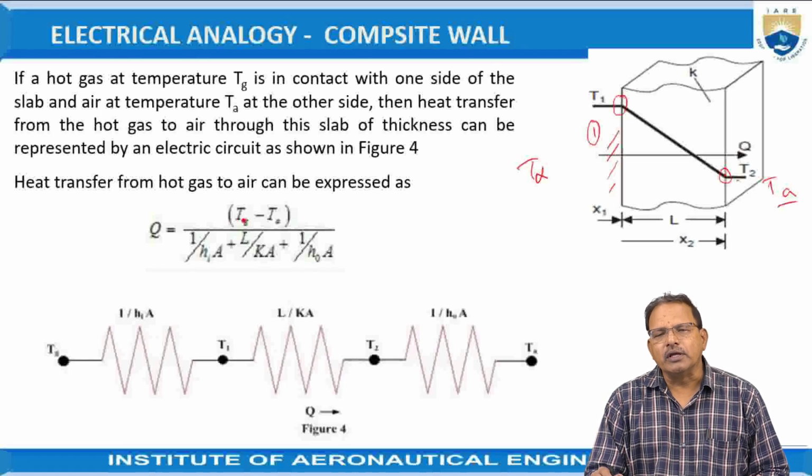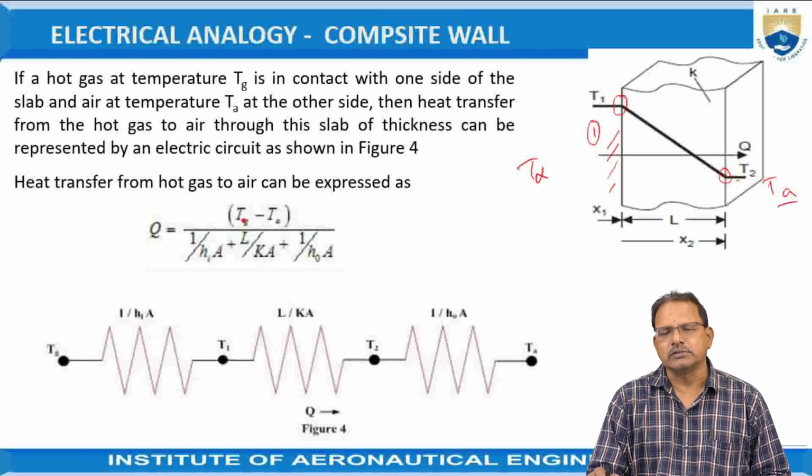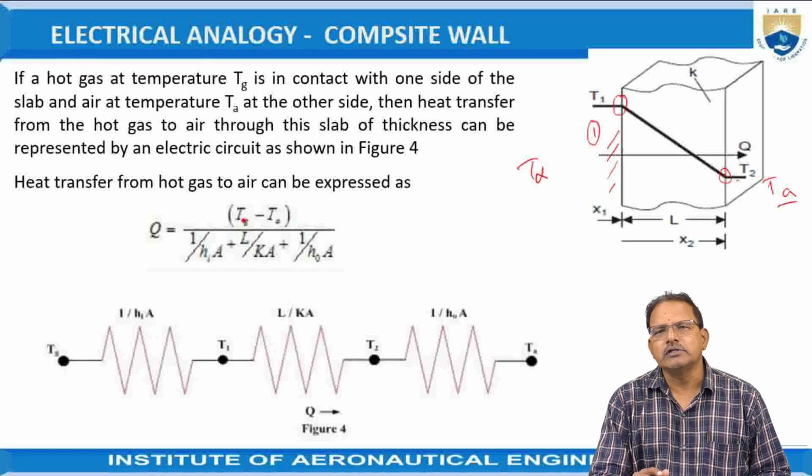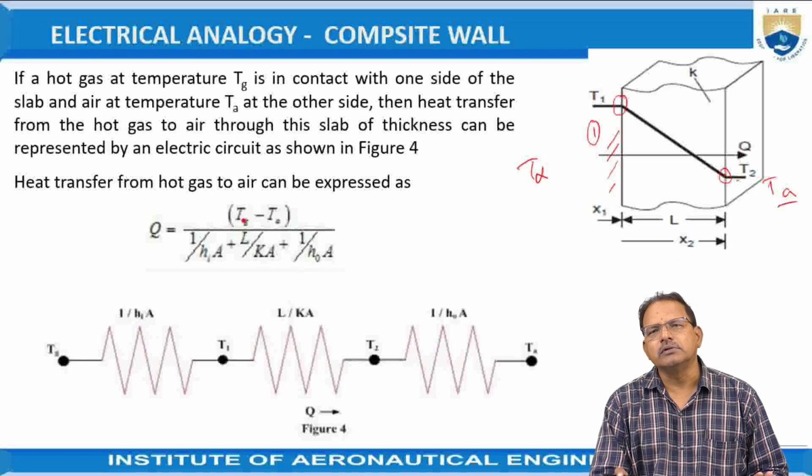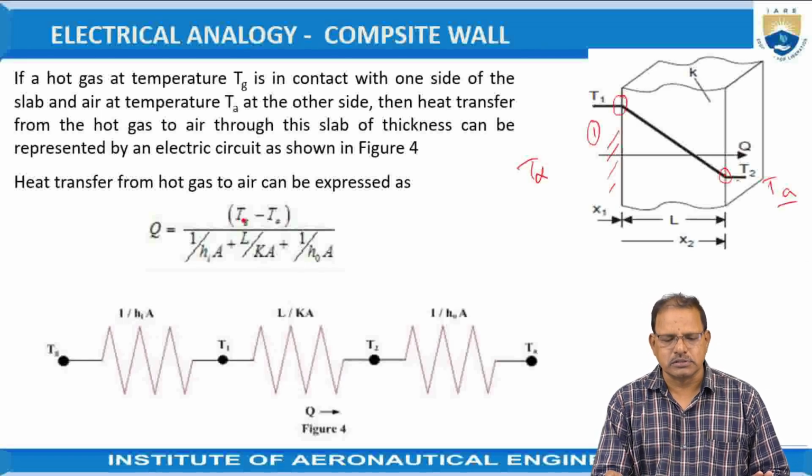So in this mode of heat transfer, first convection transfers the energy from the hot fluid to the surface, then conduction takes place within the conductor, and then convection again from the surface to the air.